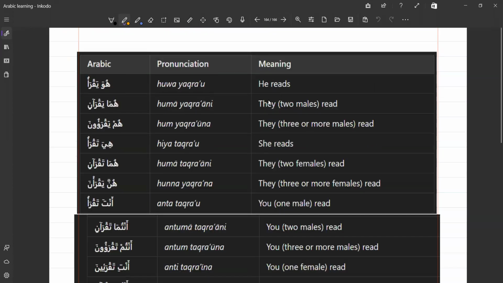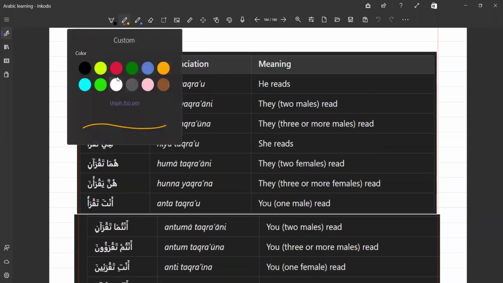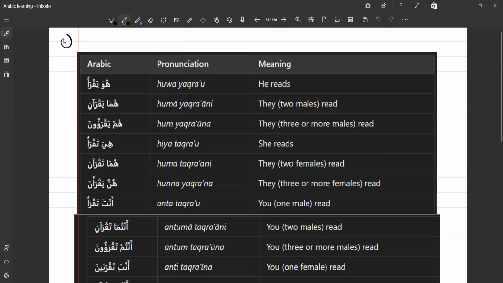So similarly, if I talk about the verb qara, qara was the verb for past tense variation, which meant he read, right? We have studied this verb. So now let's see the present tense variation of this verb.